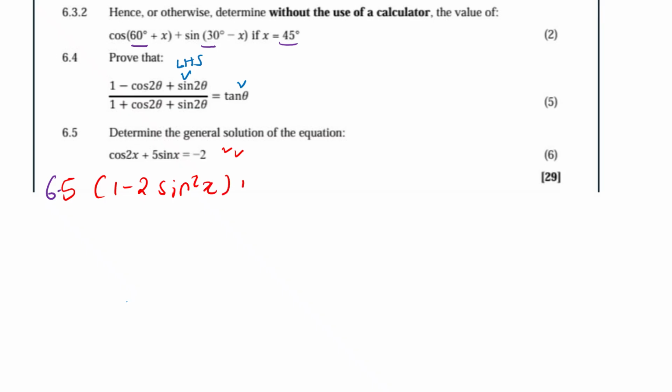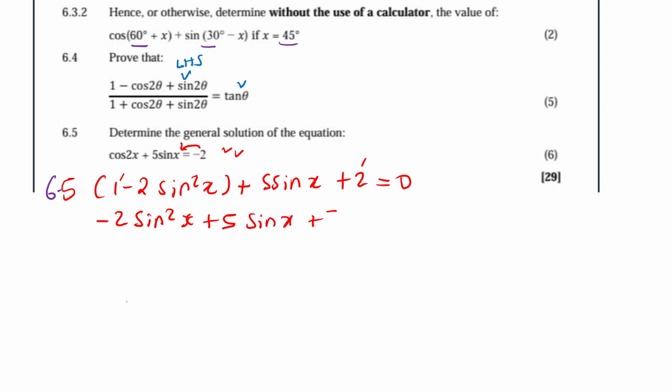Therefore now plus 5 sine x, plus 2. We have transposed this negative 2 to the other side, therefore now it is equal to 0. Right, therefore now 1 plus 2, it is 3, right? So then now negative 2 sine squared x plus 5 sine x plus 3 is equal to 0.